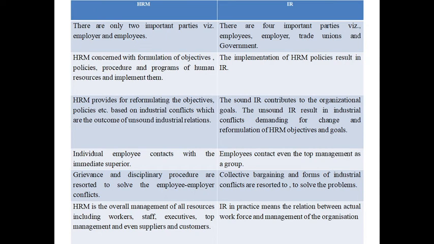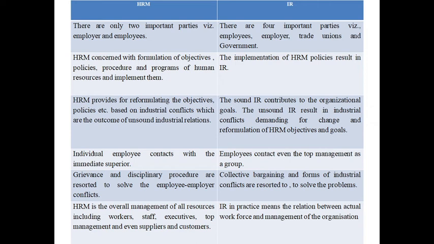Here you see, on the side of human resource management, grievance and disciplinary procedures are resorted to solve employee-employer conflicts. In case of industrial relation, collective bargaining and forms of industrial conflicts are resorted to solve the problem.